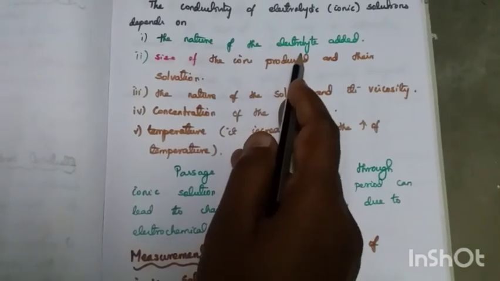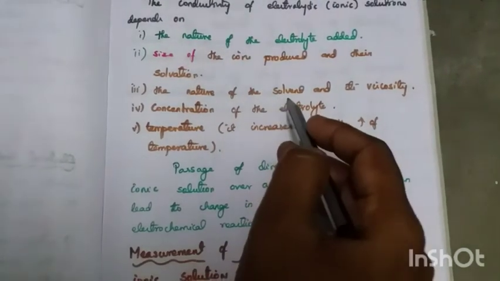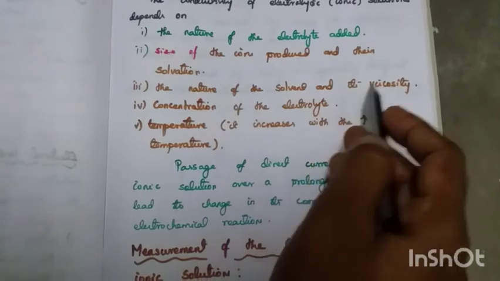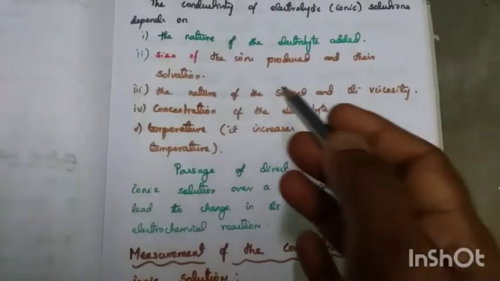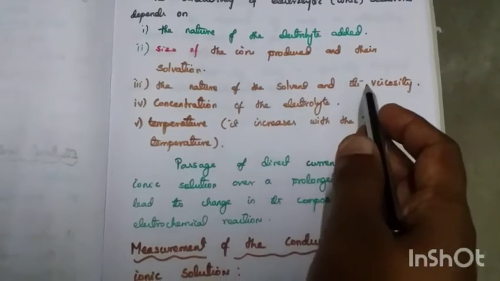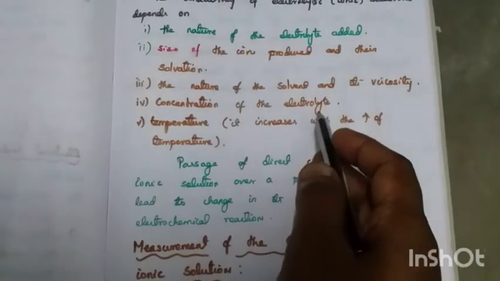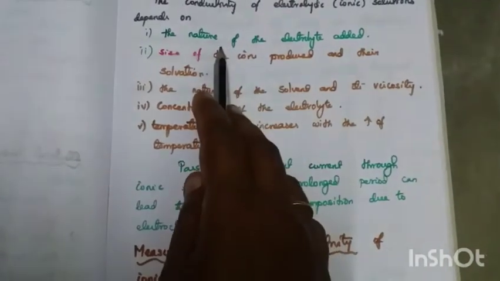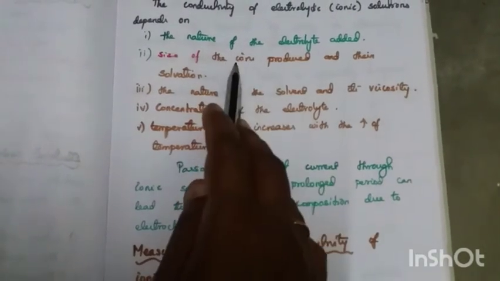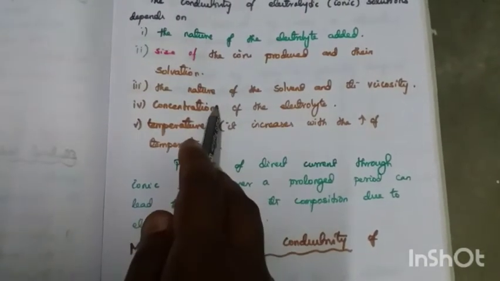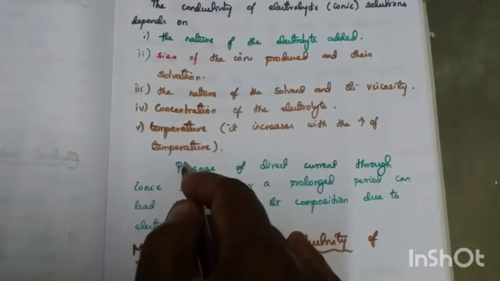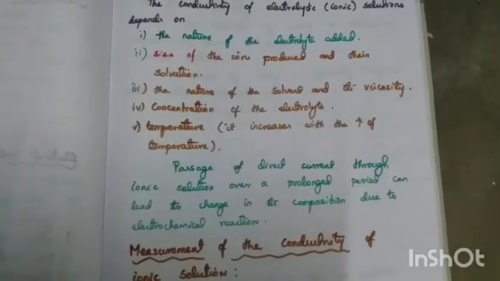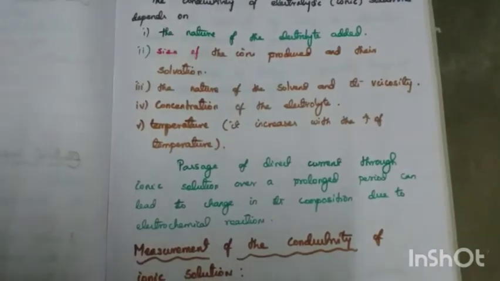It also depends on the nature of the solvent and its viscosity, the concentration of the electrolyte, and temperature. It increases with increase of temperature. Temperature increases means the conductivity also increases.